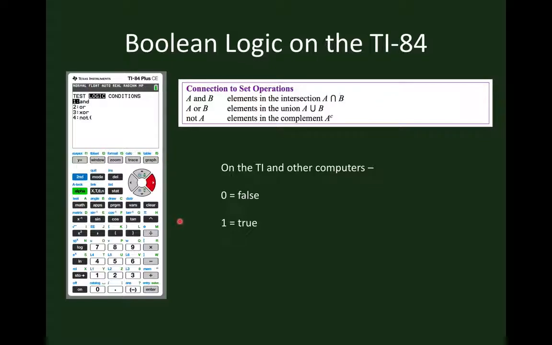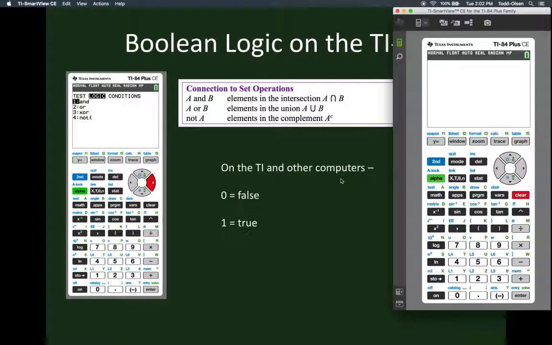The exclusive OR means that we don't count elements that are in the intersection as part of the union when we do the OR statement. And I can show you how this works on the calculator. I'll also show you how we get to these commands, or these statements.